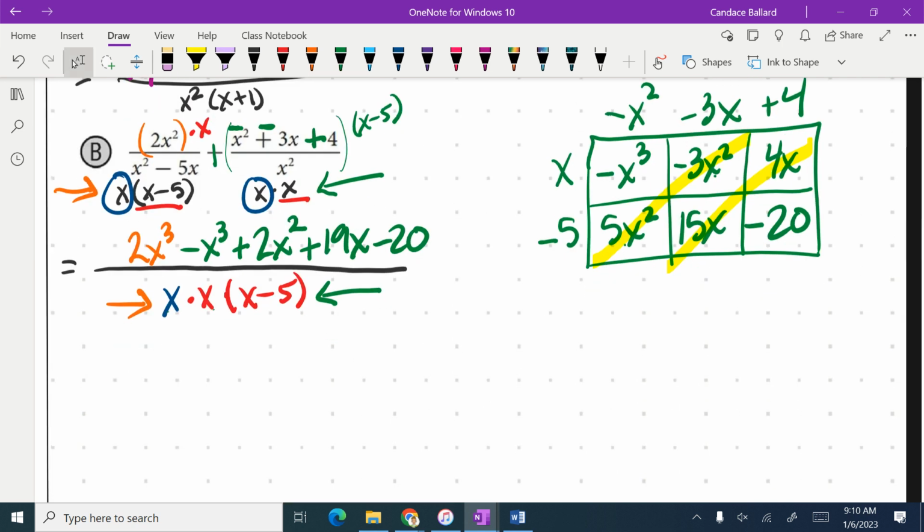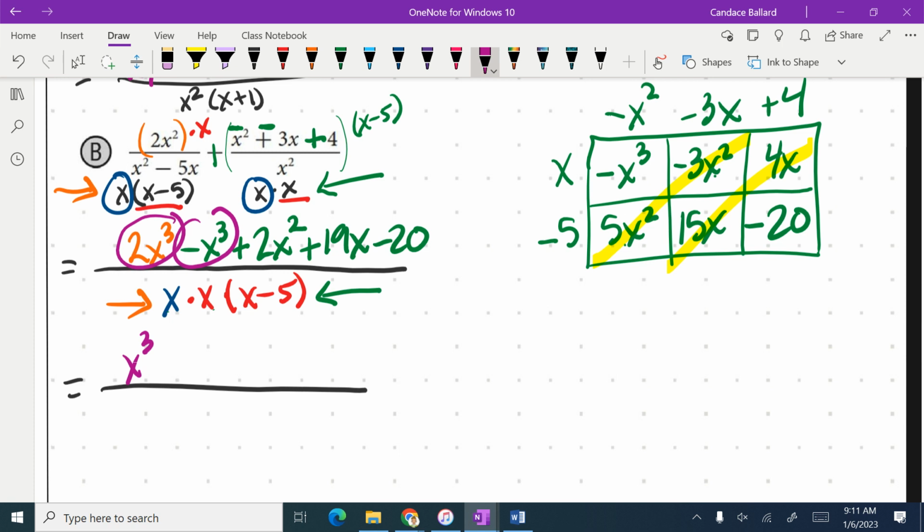Last thing I need to do is combine like terms in my numerator. The denominator we're not going to mess with. The denominator's kind of done. So what's the only thing I'm going to combine this time? I heard x cubed, right? So what is 2x cubed minus x cubed? Just x cubed.